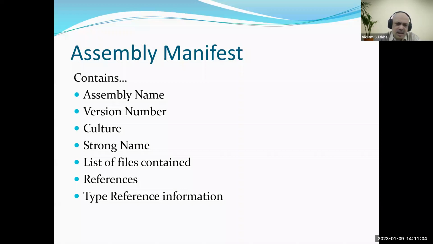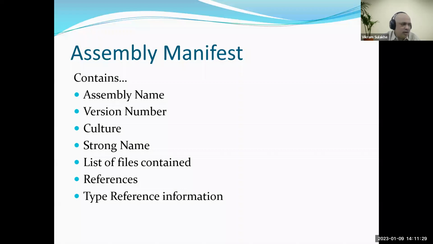Assembly name and version number are self-explanatory, but culture typically comes in when you're creating multilingual assemblies. An assembly can have a culture. Culture consists of 2 parts: one is the language, and the second is the country for which you're creating the assembly.